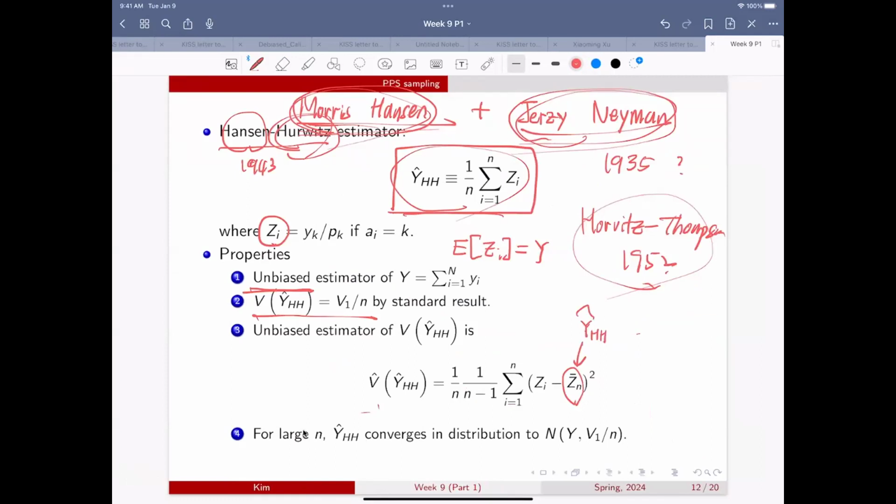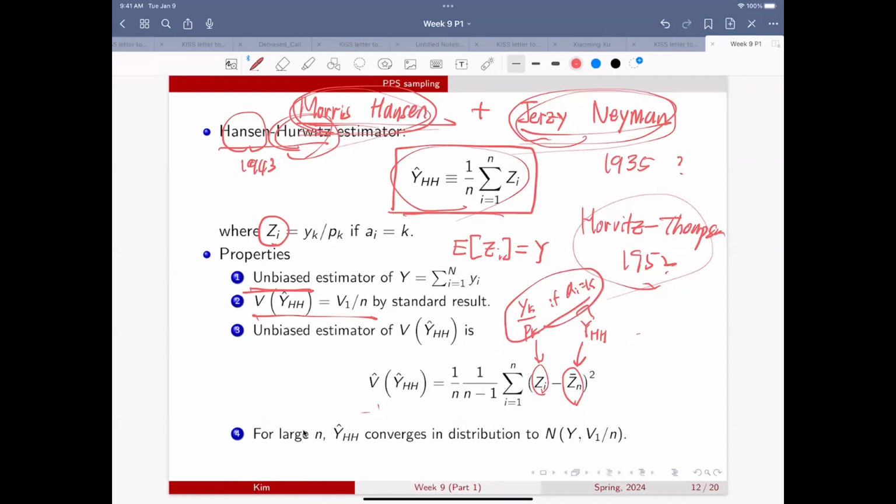And then this is yk divided by pk, for if ai equal to k. Right?